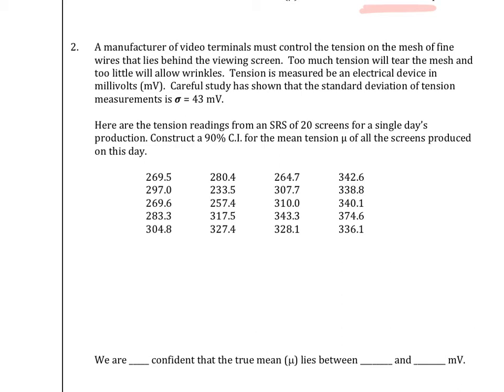Careful study has shown that the standard deviation of tension measurements is 43 millivolts. So we have our standard deviation. Right, here are the tension readings from a simple random sample of 20 screens for a single day's production. Construct a 90% confidence interval for the mean tension of all screens produced.